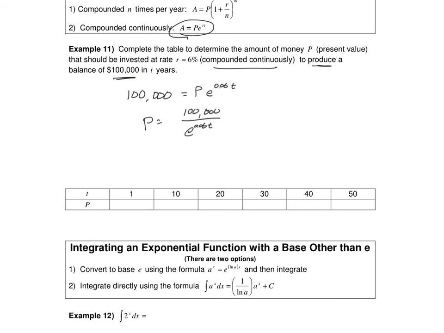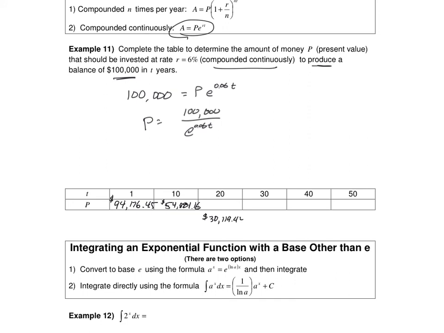So for the first one here, if I started with $94,176.45, and then for 10 years, if I started with $54,881.16. For 20 years, if I started with $30,119.42.